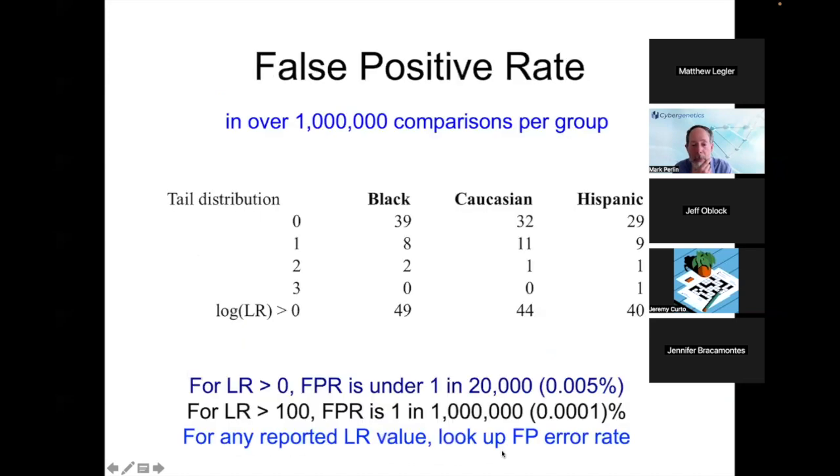Next slide. And so here we see that for match statistics in bin 0, those are numbers like between 1 and 10. There were a few numbers that were greater than log LR 0. Oh, that should be log LR equals 1, greater than 1. That's okay. We'll keep going.